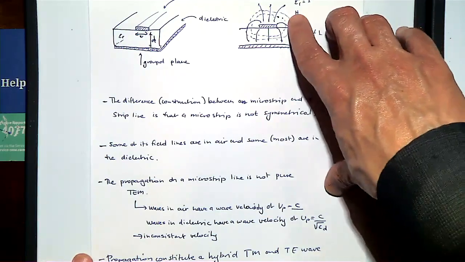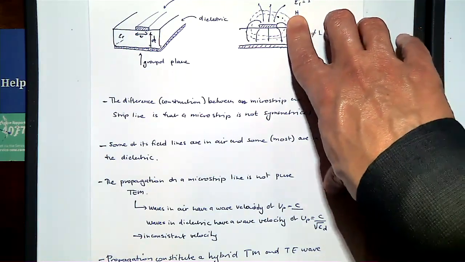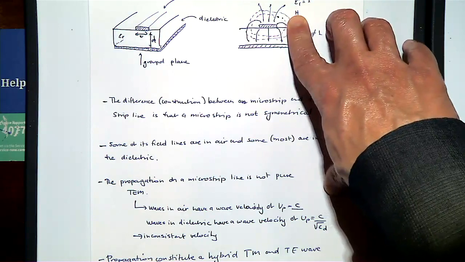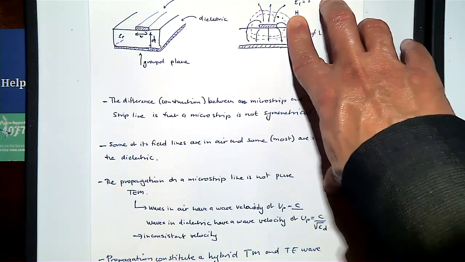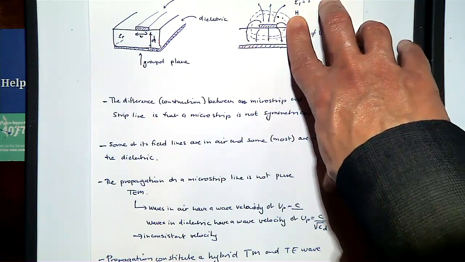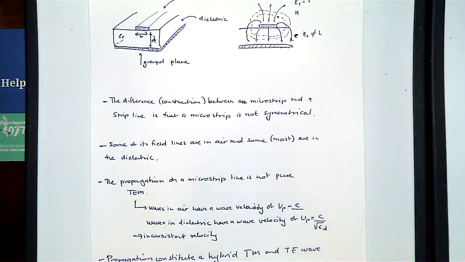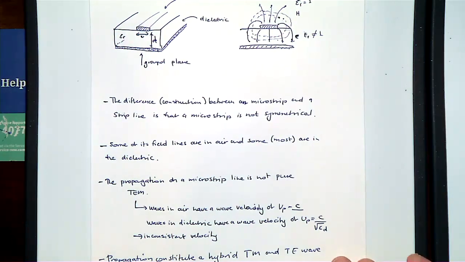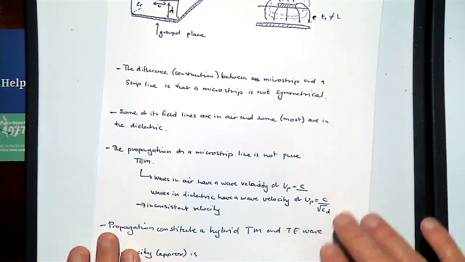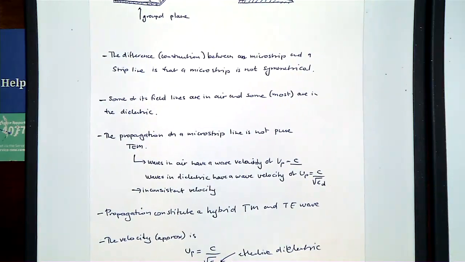And as a consequence, what we said was, the true propagation on a microstrip is not exactly TEM, right? It's quasi-TEM. But in order for us to be able to do the analysis, what people have done is that they've come up with a way in which they are able to approximate what is actually happening on that particular structure. And essentially what we went through was the process of defining an effective dielectric.